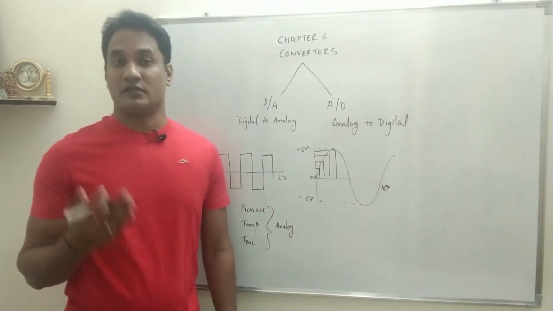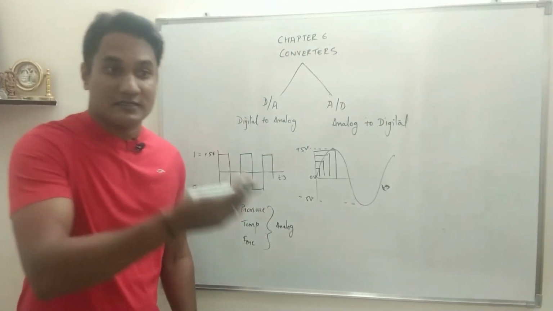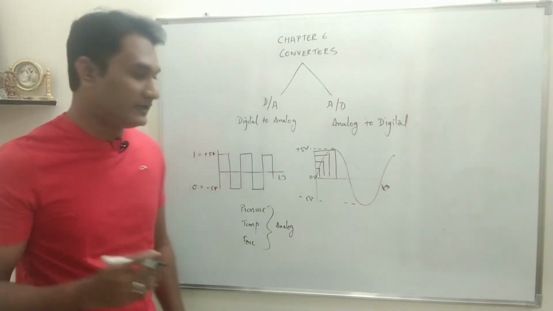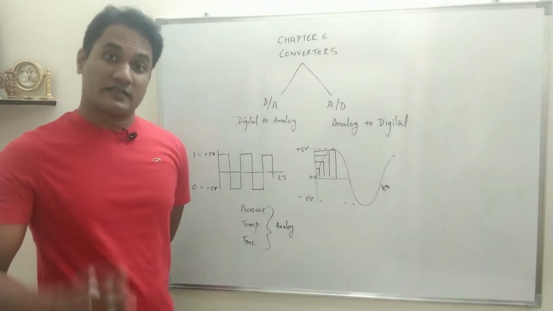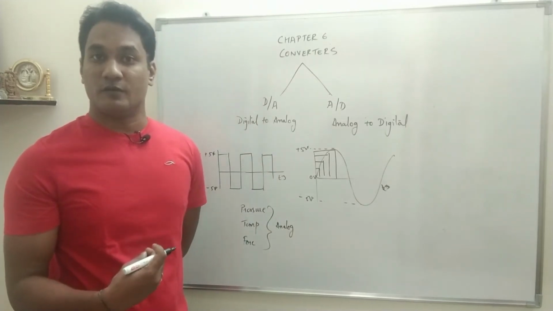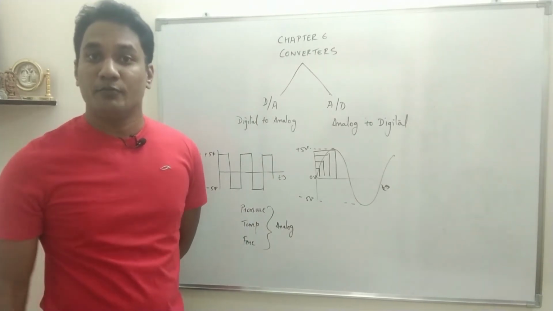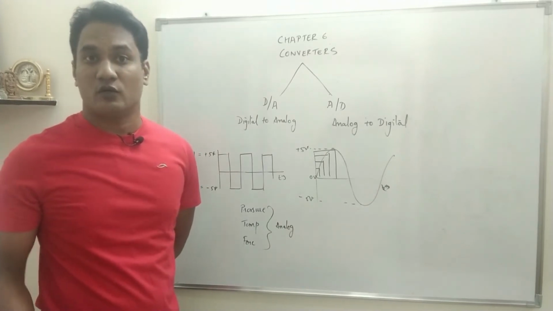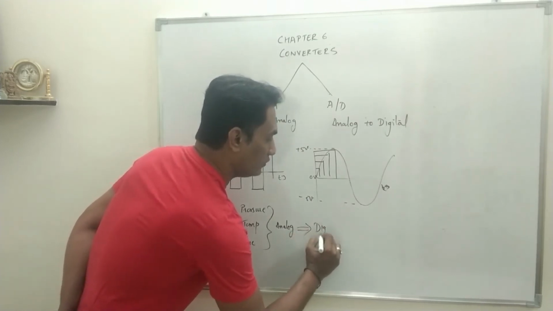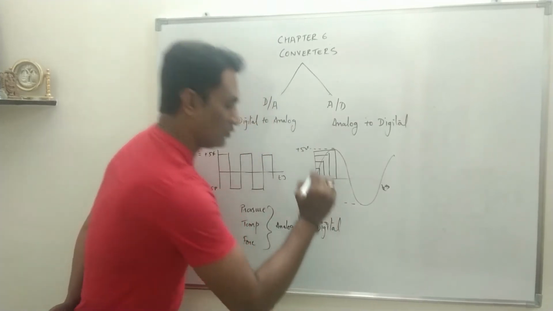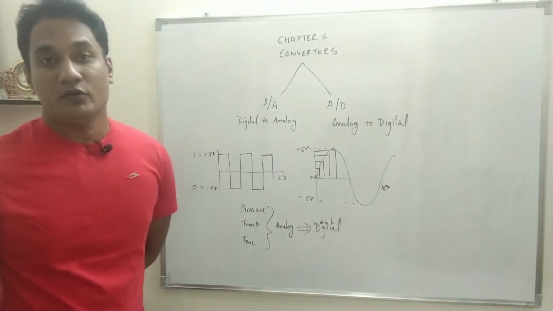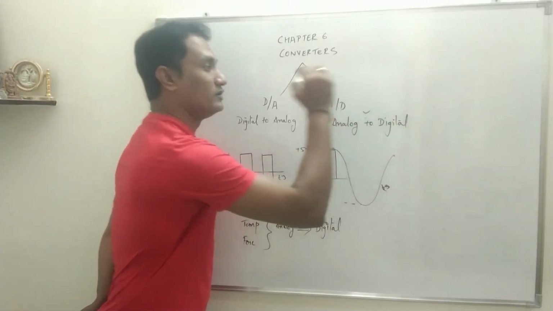Because whenever you measure temperature, pressure, or force, the signal you get will be a continuously varying signal. And suppose these quantities have to be measured and stored into a computer. The computer knows only digital language, only binary information. So you have to convert this analog signal to digital, so that the data gets stored into the computer. So this is one use, analog to digital converter.